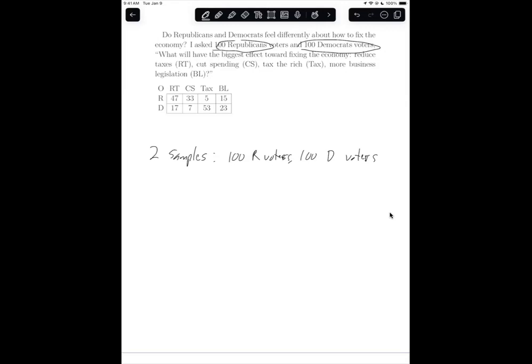We have one variable: what will have the biggest effect to fix the economy?